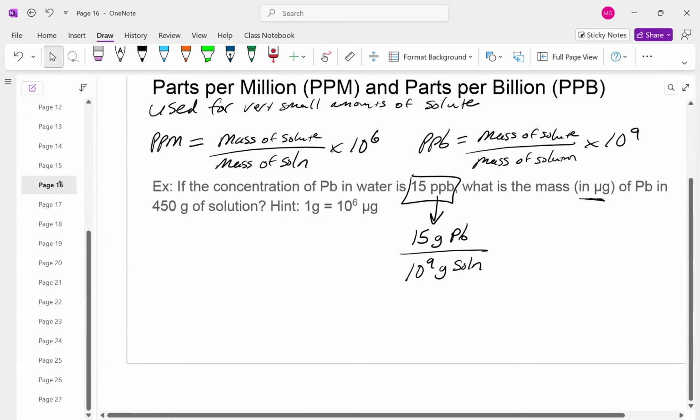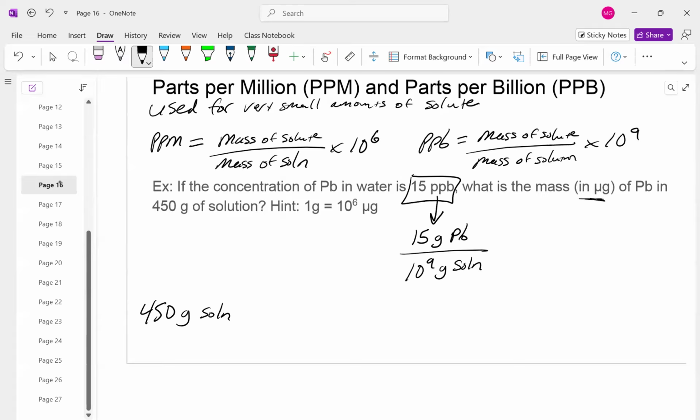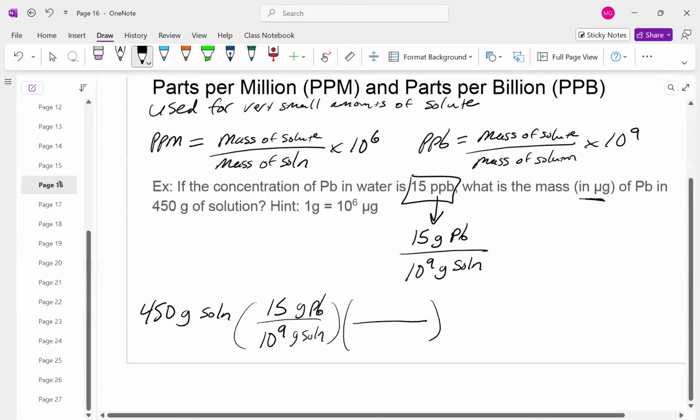So let's start with what we're given, 450 grams of solution. And notice that we have a way to get from grams of solution to grams of lead. We're using that parts per billion conversion factor. 15 grams of lead in 10 to the ninth grams of solution. Now the problem is asking us to find mass in micrograms.